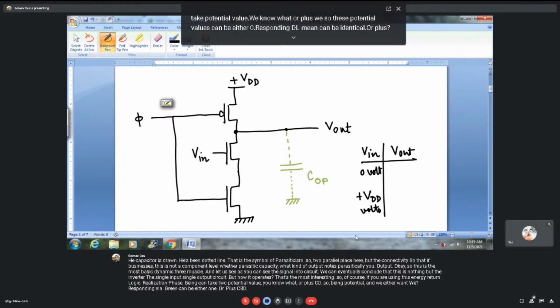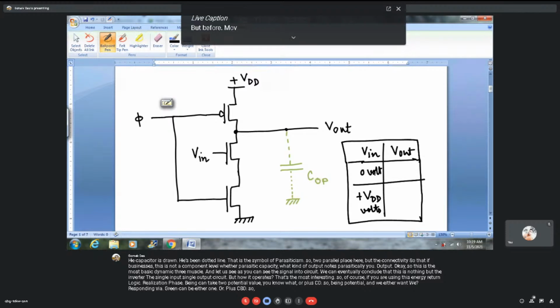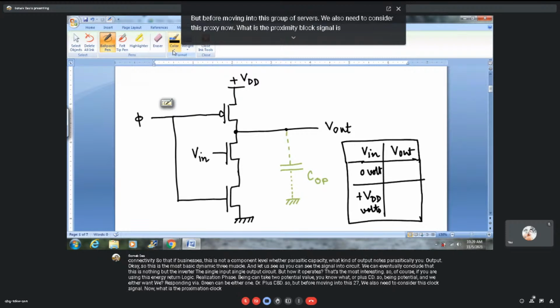But before moving into this truth table, we also need to consider this clock signal. Now, what is a clock signal? A clock signal is basically any kind of electrical signal with a periodicity of pulsating trend.